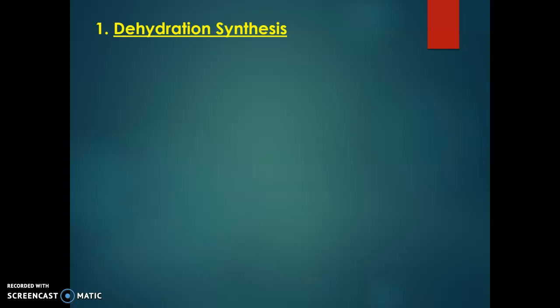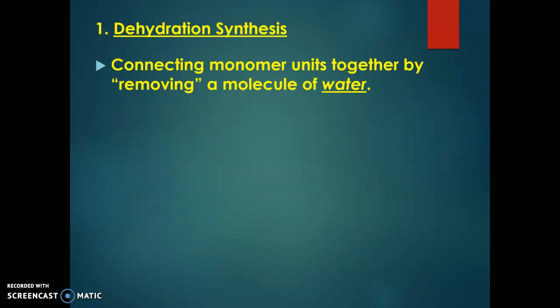That's exactly what it means. So dehydration synthesis refers to when we take monomer units and connect them together by removing a molecule of water. In order to connect two smaller monomers together, you need to remove water as a waste product.